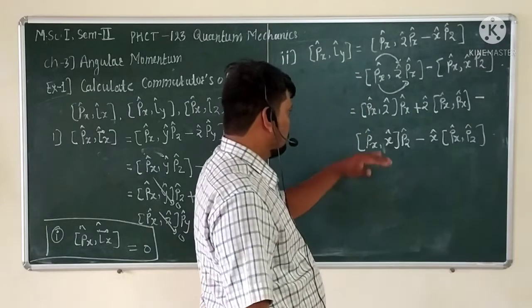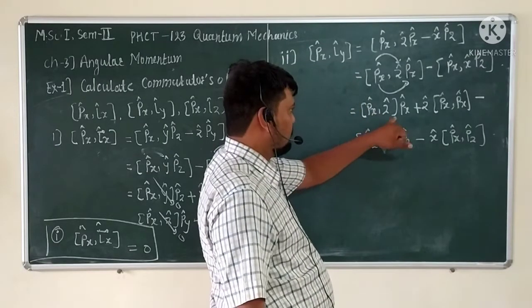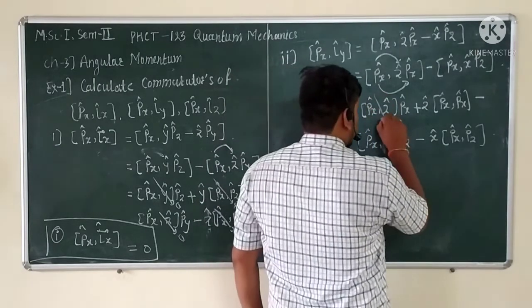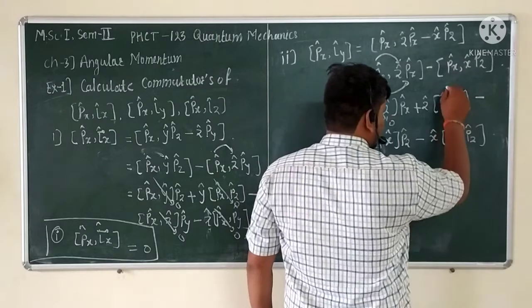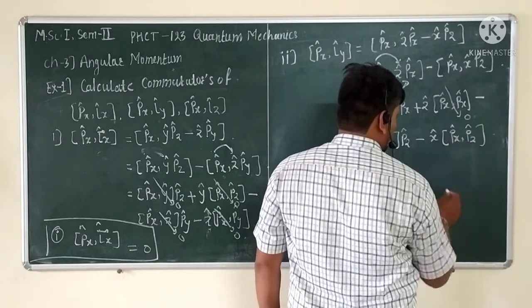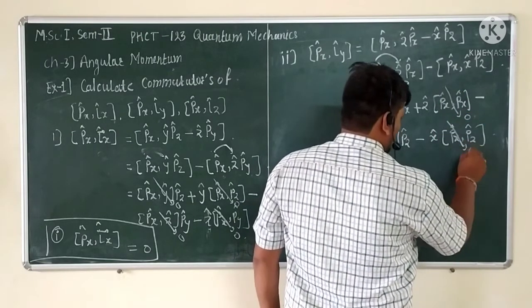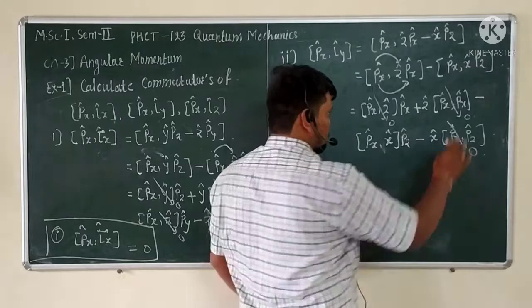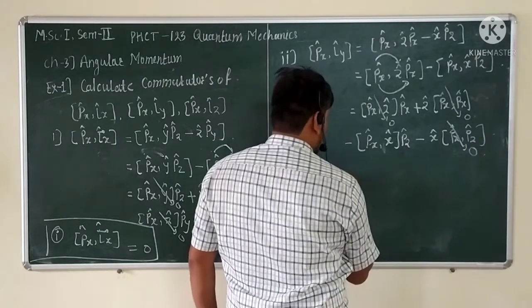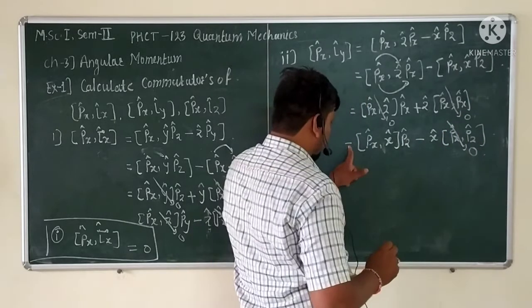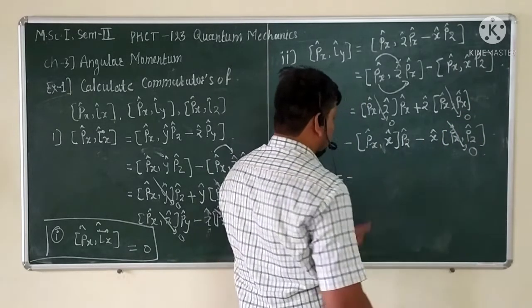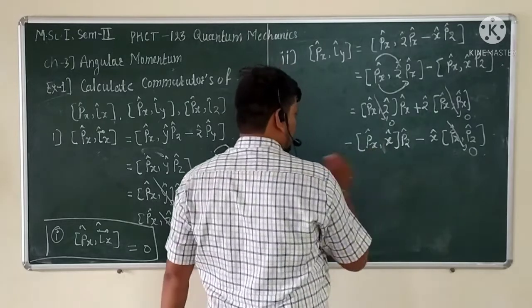And we have to know that [px, pz] is also 0, [px, px] is also 0, this is also 0. Only this remains, so the minus sign stays as it is: [px, x].